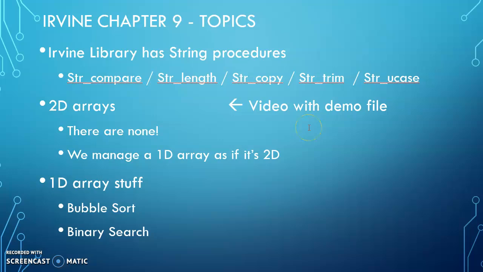In that video, one of the things that's referenced is the set element of array procedure. The net effect of that procedure is EAX is set with the row, EBX is set with the column, and ECX is set with the value to put into the array at that row and column.